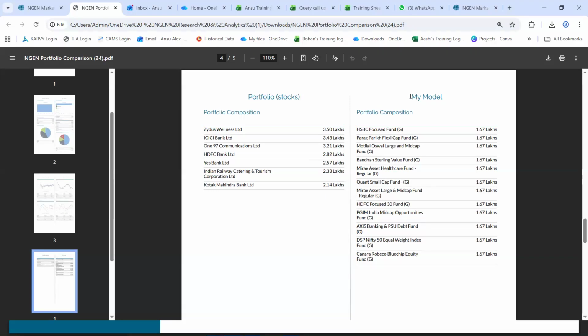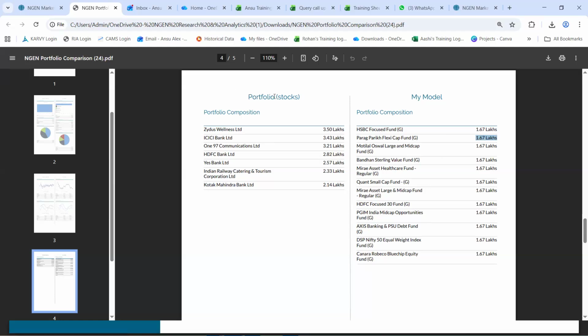Now, this is saying that on the right is my model portfolio, and these are the components that form a part of my model portfolio that I'm suggesting. And since we created this as an amount based portfolio, I had input an amount of 20 lakh. The amount has gotten distributed between the components of the portfolio basis their allocation in the portfolio.